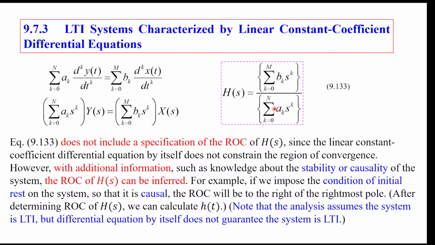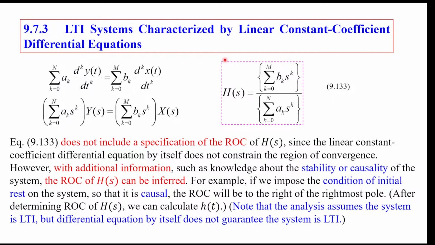And for causality you can pick the ROC. Okay, and then if we have the ROC, then we have determined the full information about the Laplace transform, and we can apply the inverse Laplace transform. Then we can calculate h of t, or we can calculate other things about the system. So we can calculate the input-output pair.